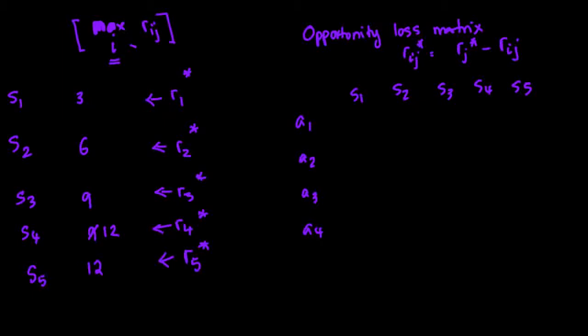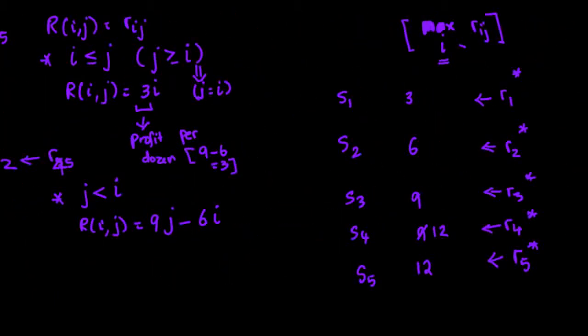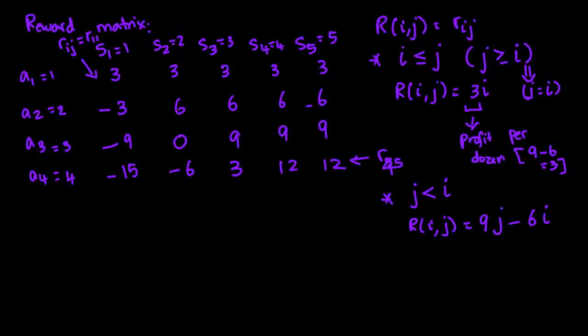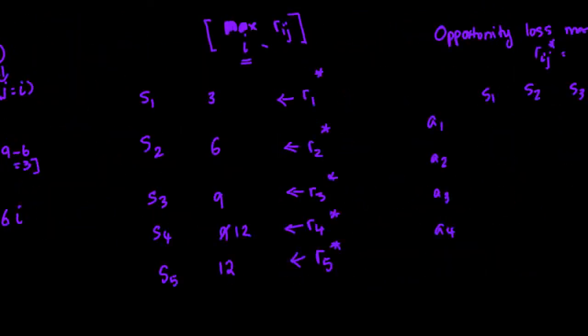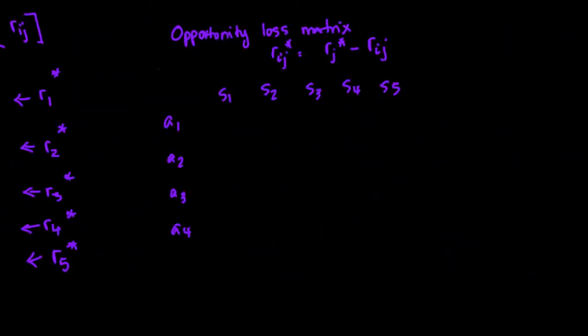So if we pick column 1, now I have to fill in these values by plugging in Rj star minus Rij. Now I know Rij across all rows for column 1. It is 3, minus 9, and minus 15. So I have 3, minus 9, minus 15.